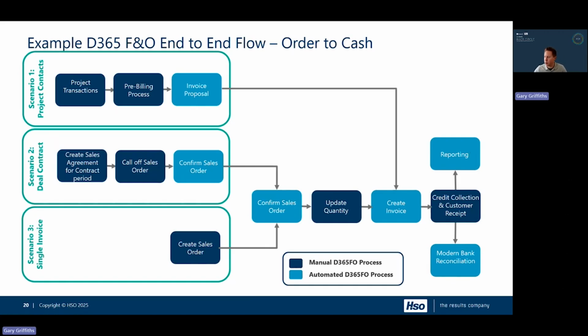So I've pulled modern bank reconciliation out as a specific item. So what that means is that we can import bank statements into the tool. We can use that to automatically reconcile our banks to our transactions that we've got in our ledgers. We can create payments as well, and we can automatically push those into the bank.